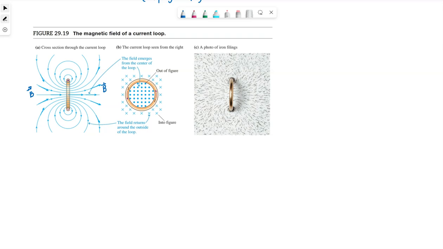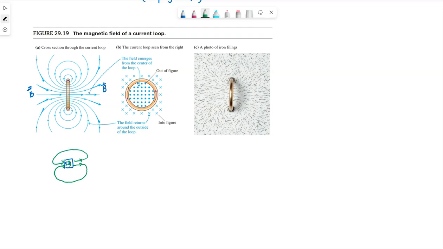Now, if we think about a bar magnet, let's think about a really skinny bar magnet that has a north and south pole. As we mentioned in an earlier video, magnetic field lines come out of north, they wrap around, come back into south, and travel south to north within the magnet.